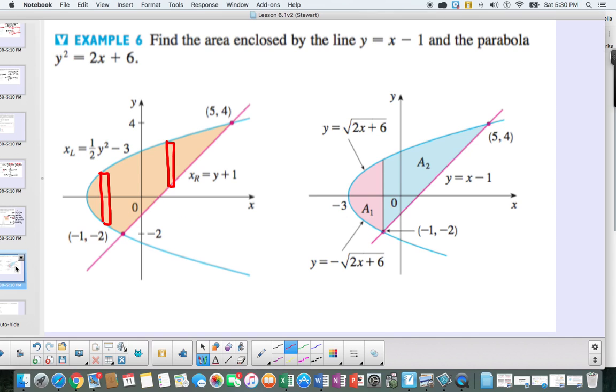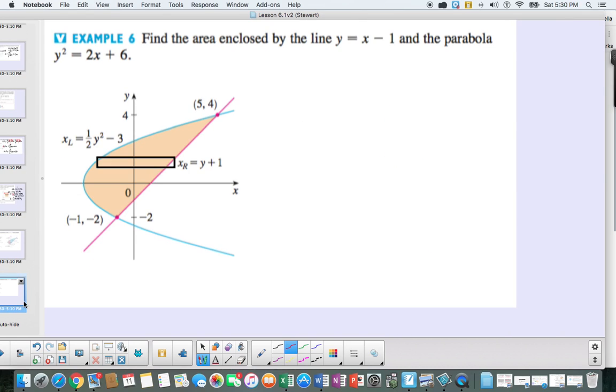So let's approach it in a different manner. Let's go ahead and draw the rectangle sideways. So our delta A will be x of the right minus x of the left, and the width will be delta y.